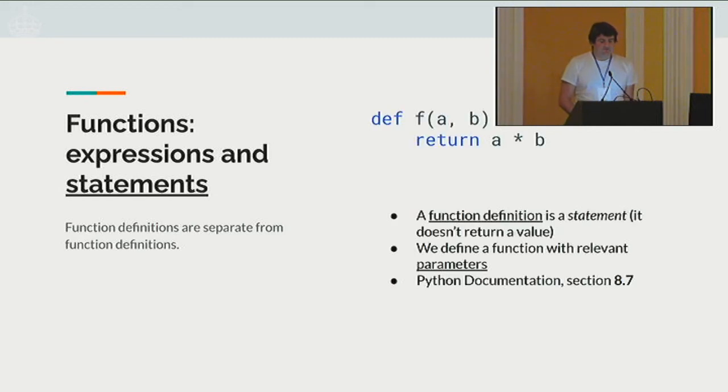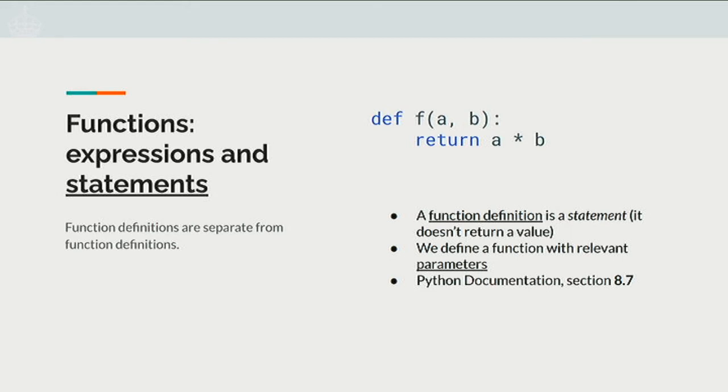Take the first example, which is the statement here. This is the function definition, and it's fully documented in the Python documentation in section 8, compound statements. And this statement doesn't return a value. All it's doing is creating this code block and slotting it into a particular name inside of your code.